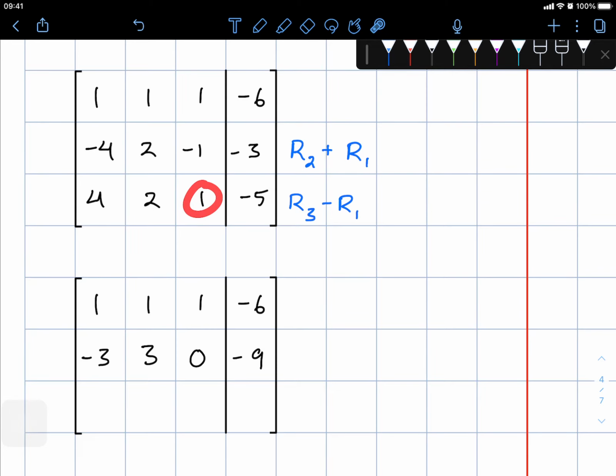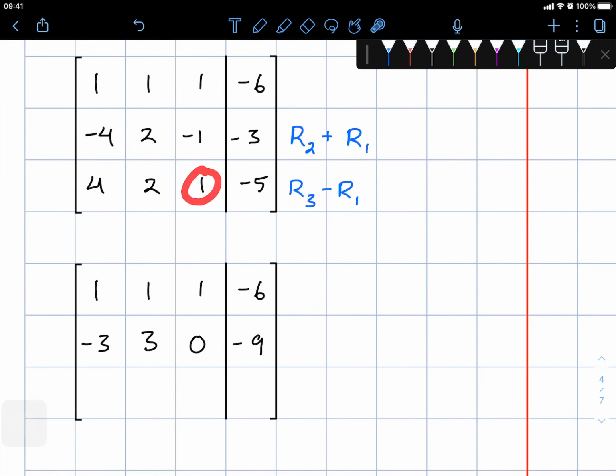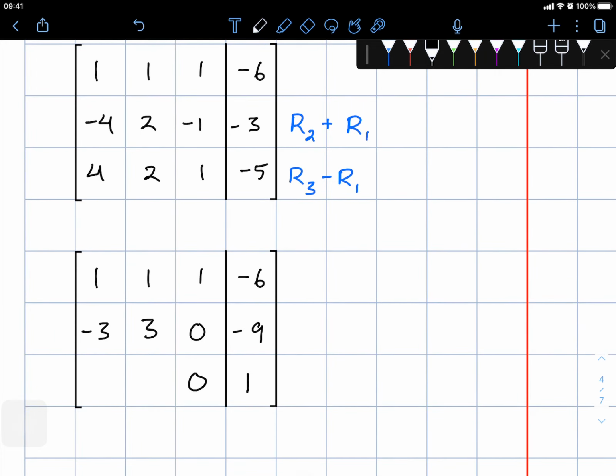And I'm going to make this 0 as well. So it was 1, take away 1. That's going to give us 0. -5 minus -6. It's as if it was -5 plus 6, which is 1.